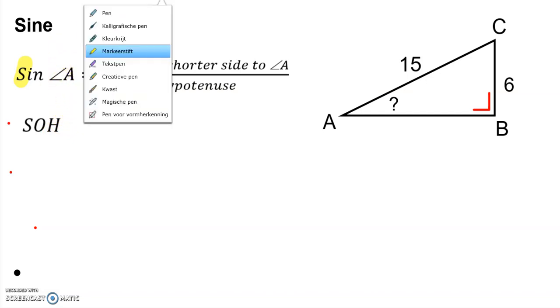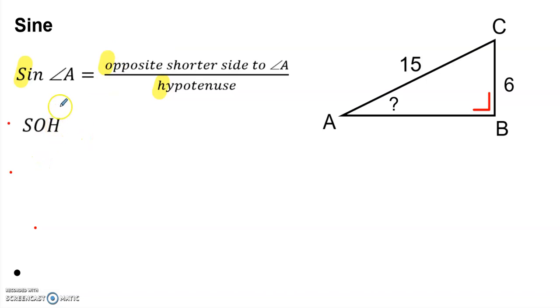So let me see how we can calculate angle A. We're going to use the sine formula, so make sure you pay attention to notation. So I'm using this formula and I'm going to fill in the whole formula, only filling in what I know. So I'm writing down sine of angle A is equal to, then you take a look at the opposite shorter side, and again, imagine you are in angle A, you are over here.